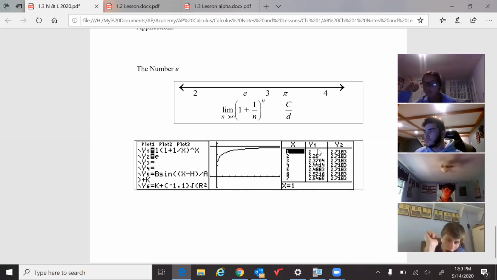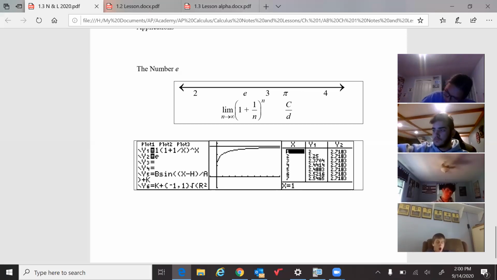Y2 is a constant. Y1 is what? If I put a 1 in here, I would get 1 plus 1 over 1, so 2 to the first. You get a 2. If you put 2 in here, you get 1 plus 1/2, which is 3/2 squared, so you get 9/4. 9/4 is 2 1/4, so that's a quarter bigger than when the input was 1.